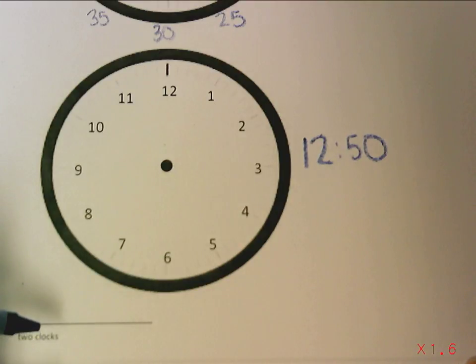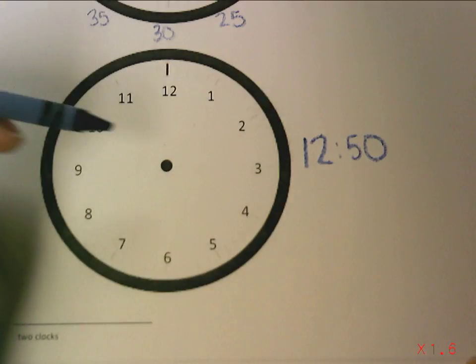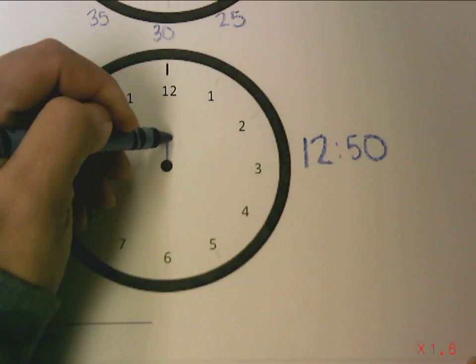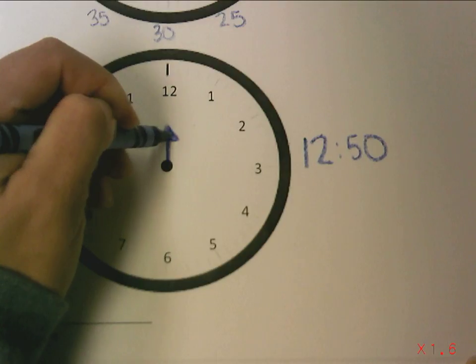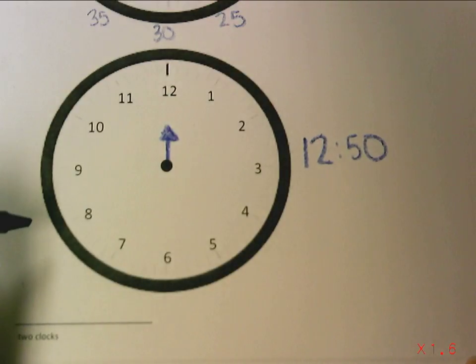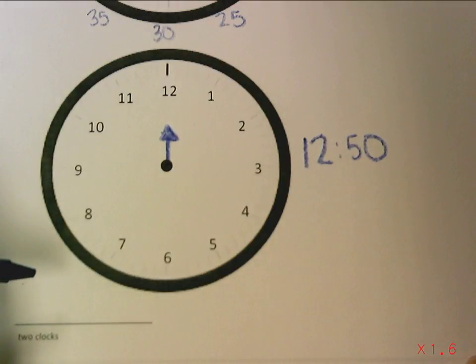Well, let's start with the hour. We know the hour is 12. So I'm going to point my shorthand or my hour hand at 12. And then I'm going to skip count by 5s to find where 50 is in minutes on our clocks.